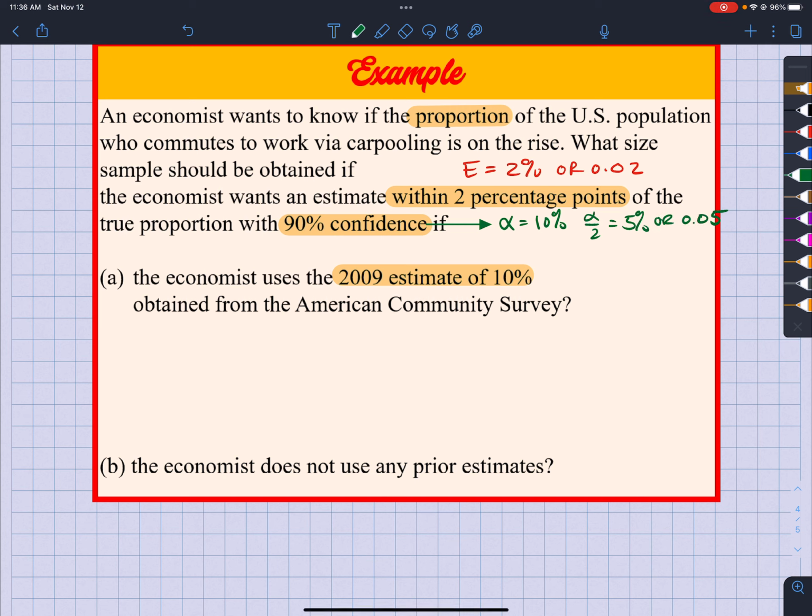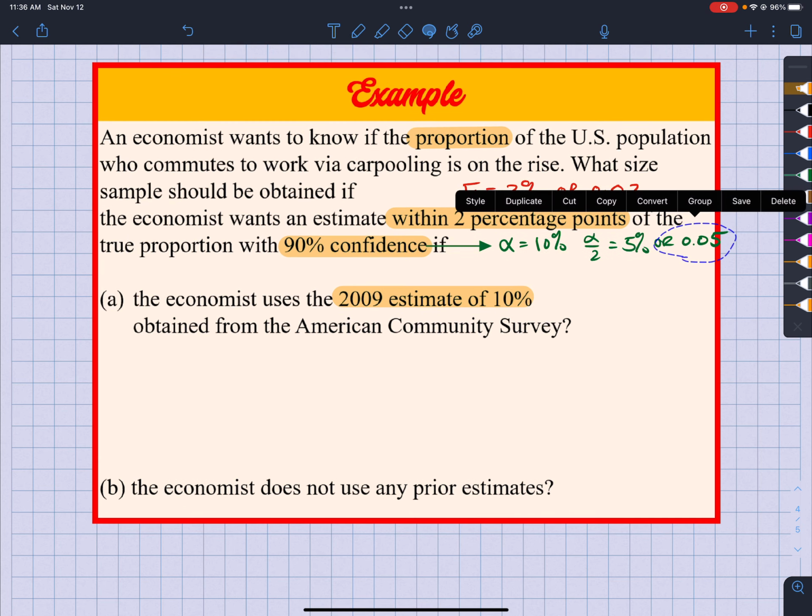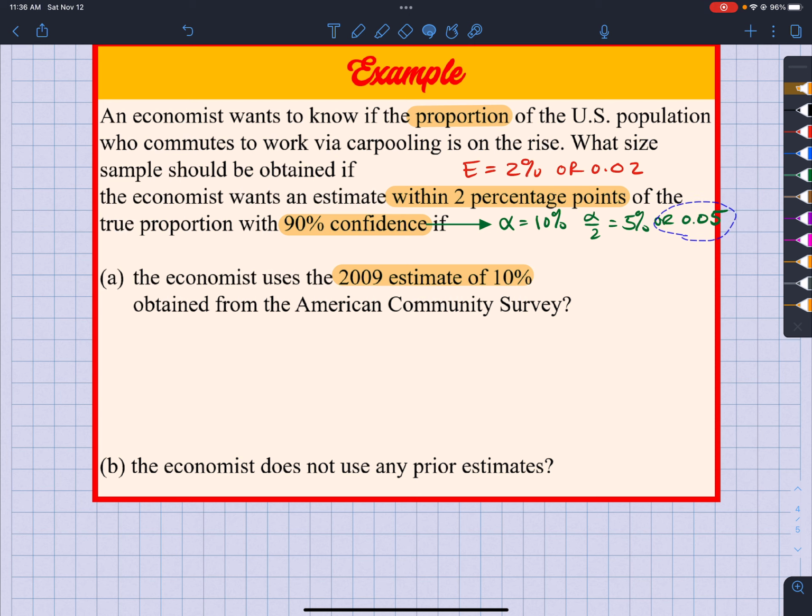So I can find the z of 0.05, and that's going to give me 1.645.